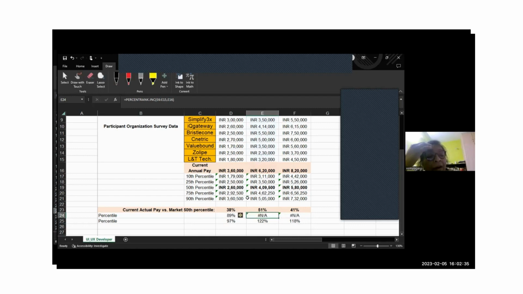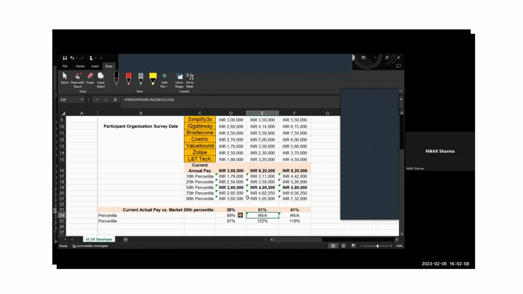All right. Now the 50th percentile is 409,000. So when you are doing a percentage, it is simply the percentage of the difference. It is not percentile ranking.